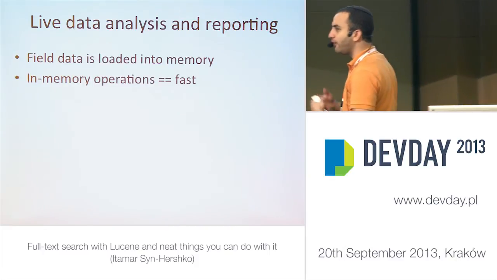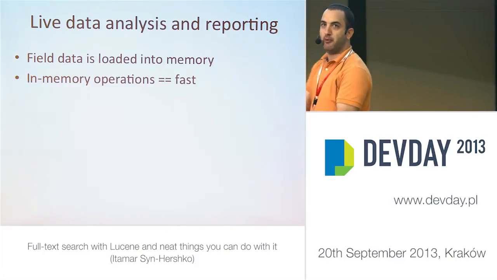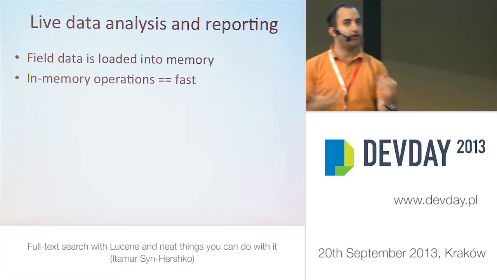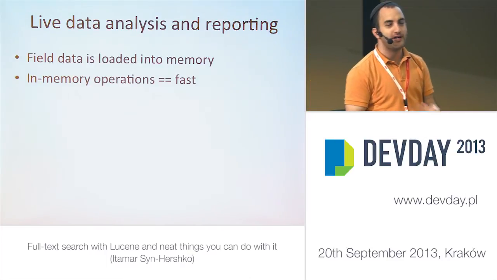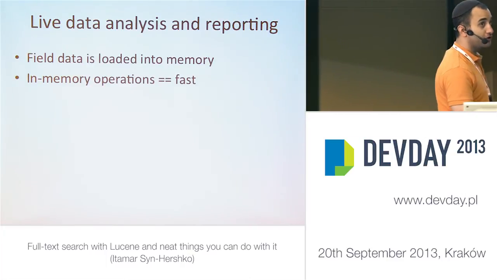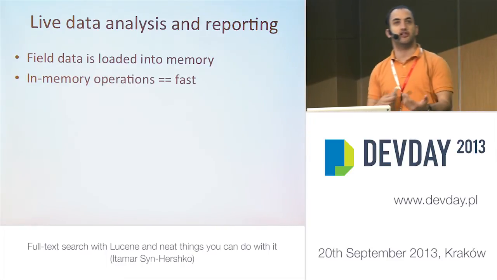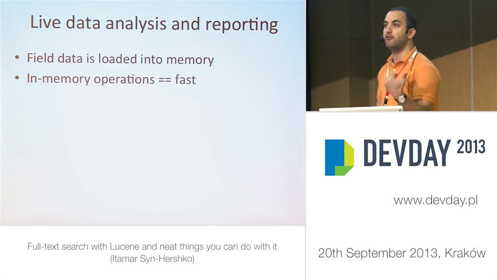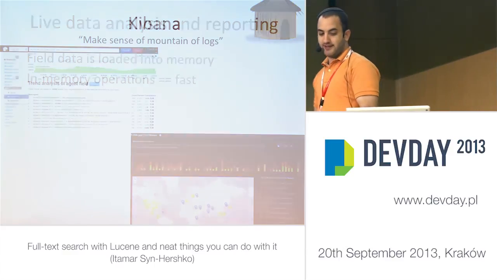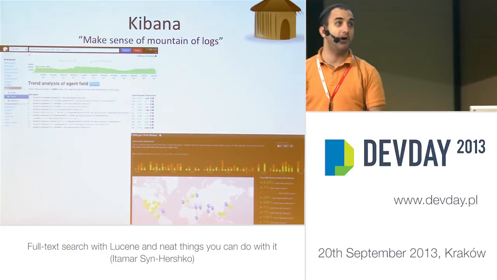I mentioned that all of that data exists entirely in memory. So everything happens very, very fast and very, very efficiently, usually. So that's exactly why search engines can be used for live crunching of data. And this actually happens using a project called Kibana.